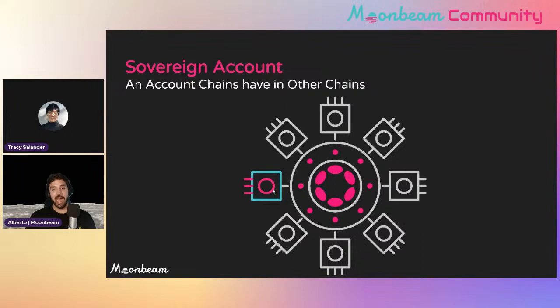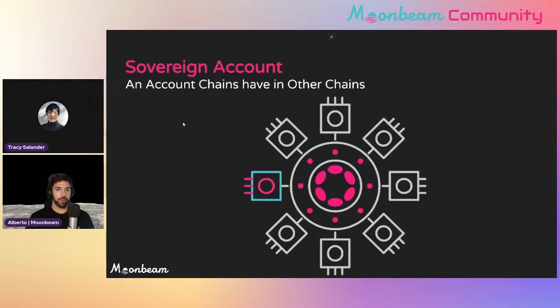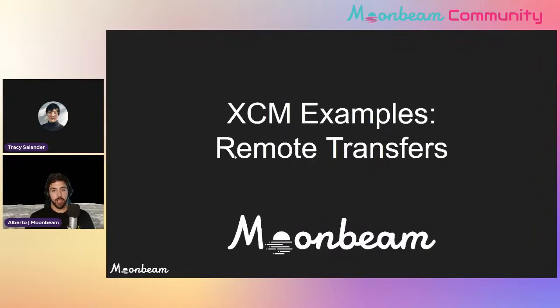And that account is owned by the entire parachain, so by governance, basically. The only way that a user can access a sovereign account of another chain is through governance, right? I cannot just call my wallet and execute something on behalf of Moonbeam because that would be very dangerous. This is important to understand because when we go through the examples, you're going to need to understand what the sovereign account is. So let's jump right to the XCM examples.